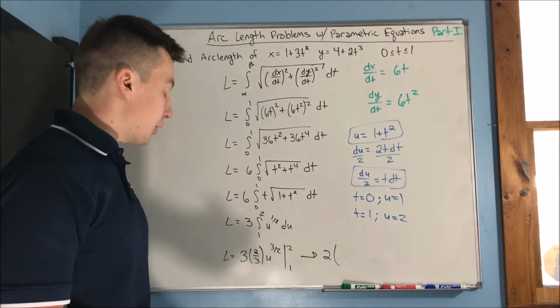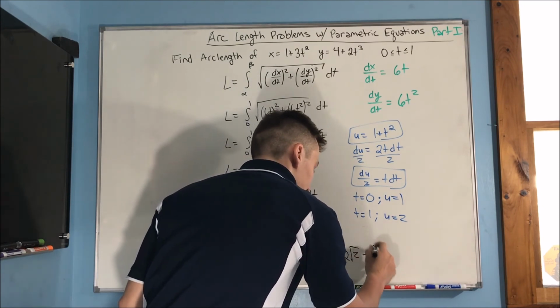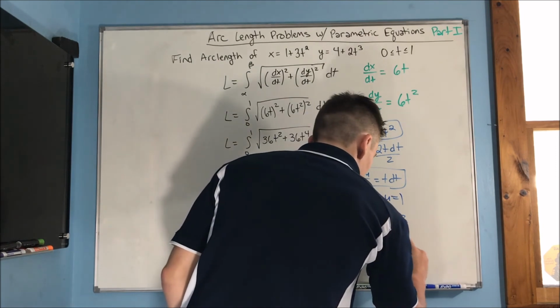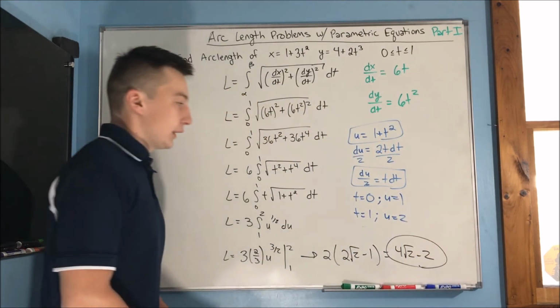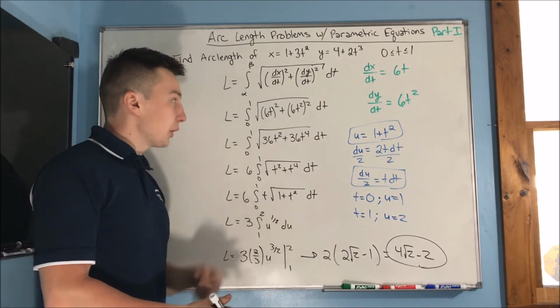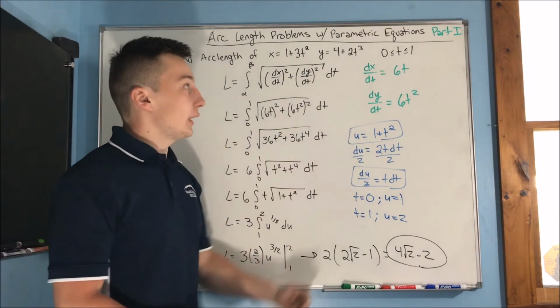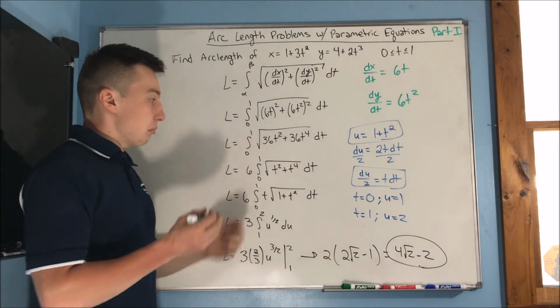Well, that's just going to be 2 rad 2 minus 1 rad 1, which is 2 rad 2 minus 1. And if you want, you can distribute that 2 here to get 4 rad 2 minus 2, if that's your answer. Alright, so pretty straightforward here, right? Just a simple u substitution at the end here, but really, find dx dt, find dy dt, use your interval as your bounds, and you'll be set.